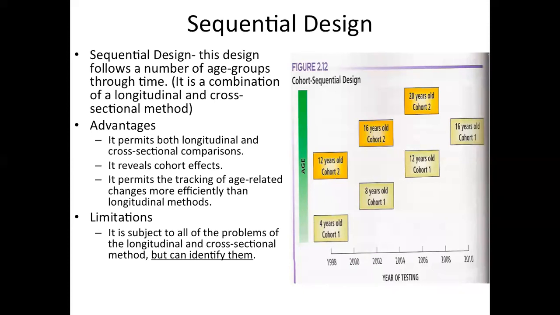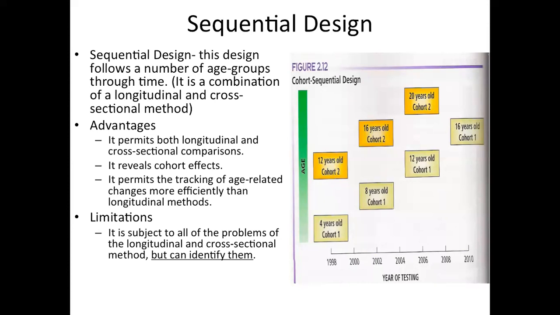Well, we get all of those cross-sectional findings that we would have gotten in a cross-sectional design, and we get all of those developmental or age-related changes across the lifespan, so you get the best of both worlds. Now, because you're studying multiple groups at many points in time, remember the issue of cohort effects?